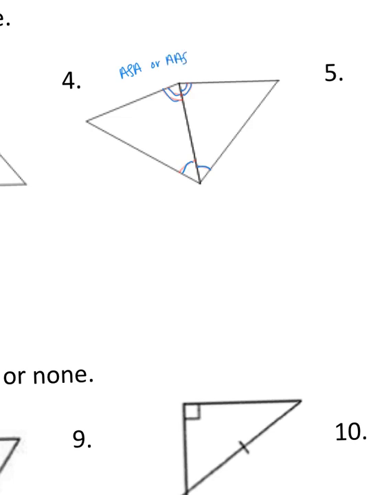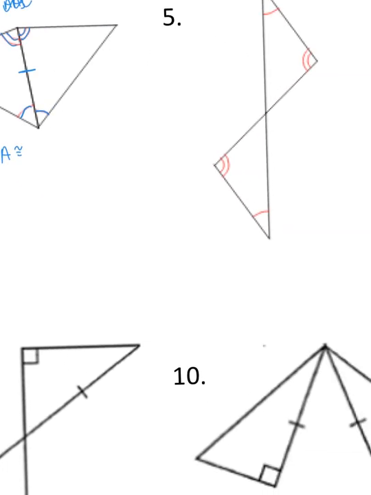Okay, so we're looking for a congruent side, and we do have it. This shared side right here, remember, called the reflexive side, is congruent to itself. So now we have a side between two congruent angles. So these triangles are congruent by angle side angle congruence.